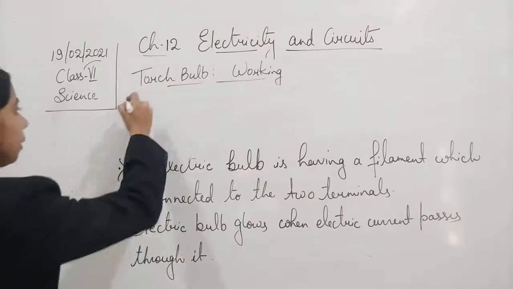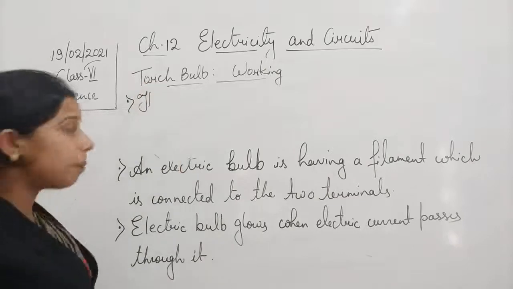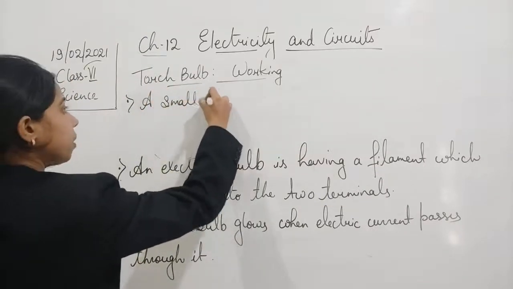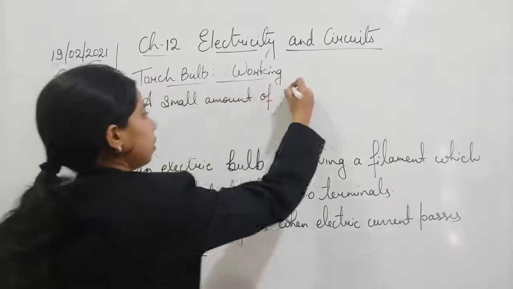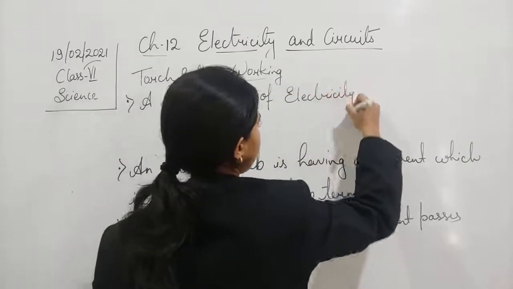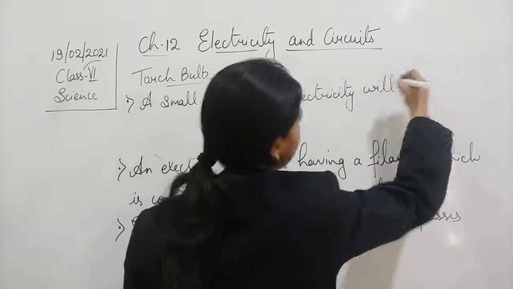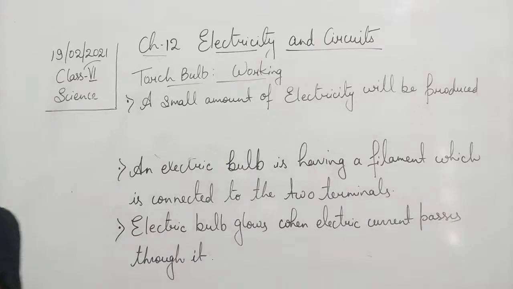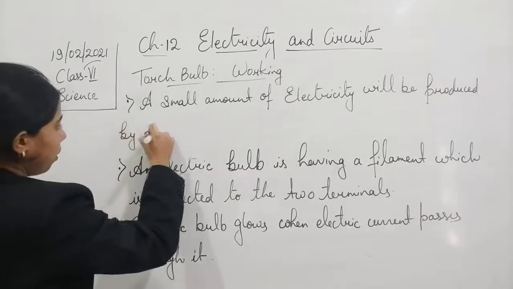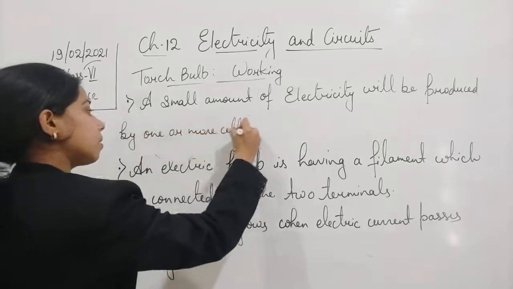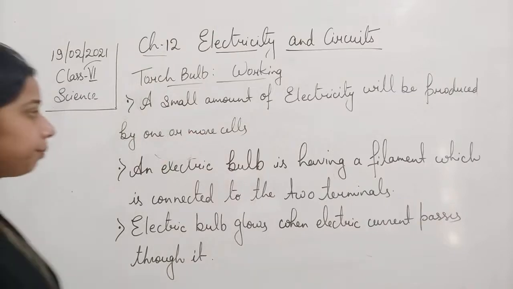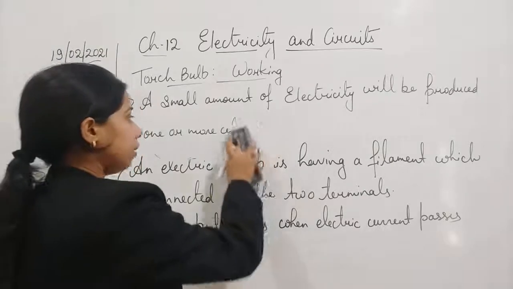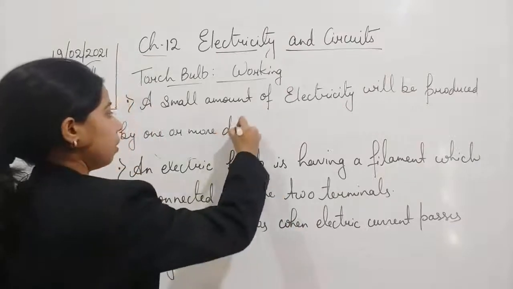So we can write that a small amount of electricity will be produced by one or more dry cells, which helps in lighting.